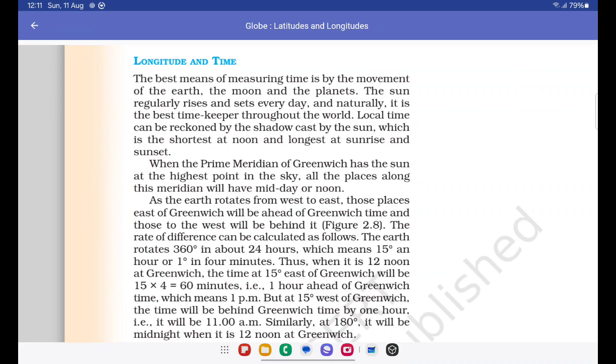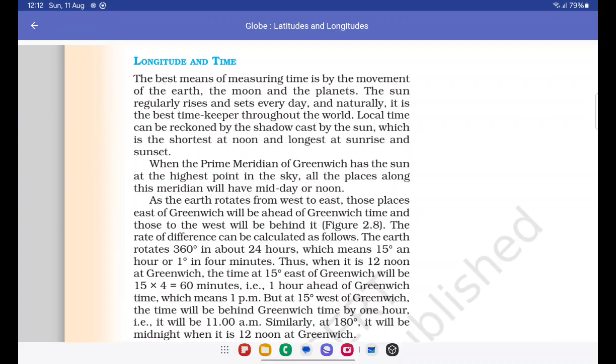As the Earth rotates from west to east, those places east of Greenwich will be ahead of Greenwich time, and those to the west will be behind it. The rate of difference can be calculated as follows. The Earth rotates 360 degrees. So basically the Earth covers about 360 degrees of rotation in one day, right?